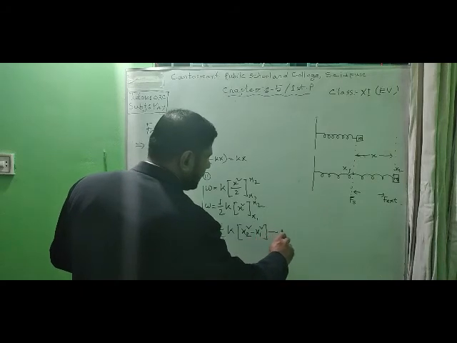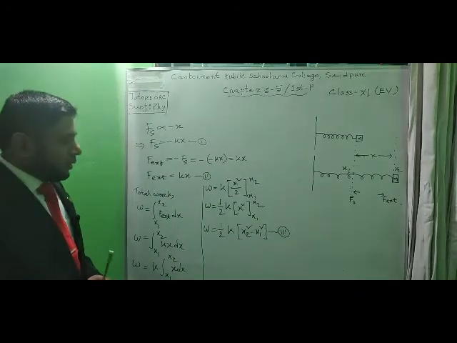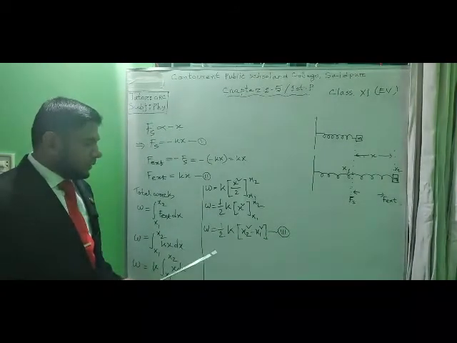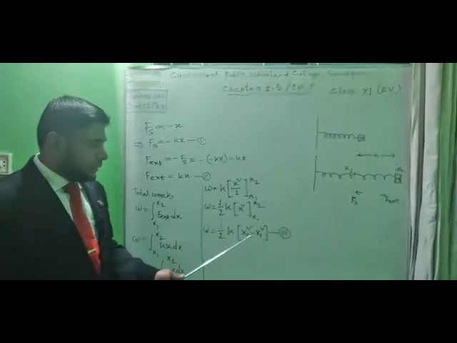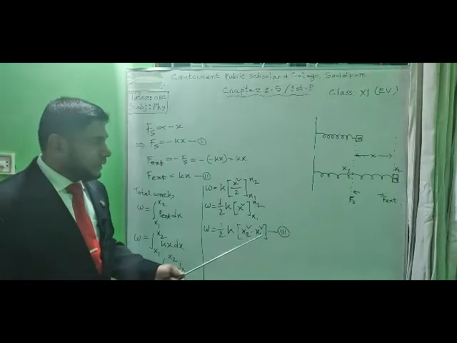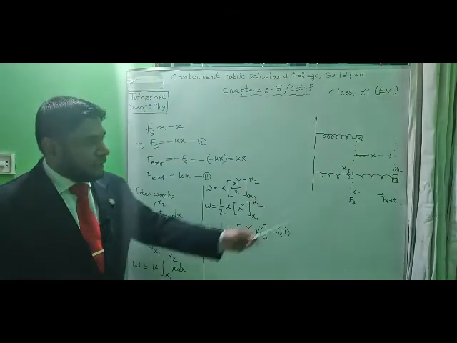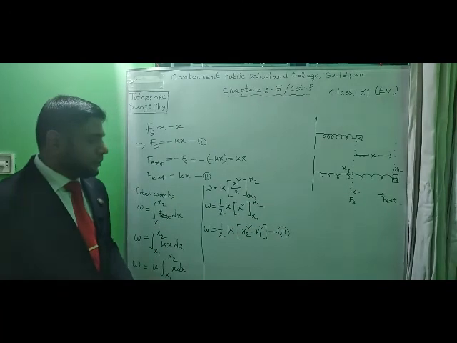So it's another important equation for the work for the expansion of a spring: half k, x2 square minus x1 square, where x1 is the initial position or length of the spring and x2 is the final position.